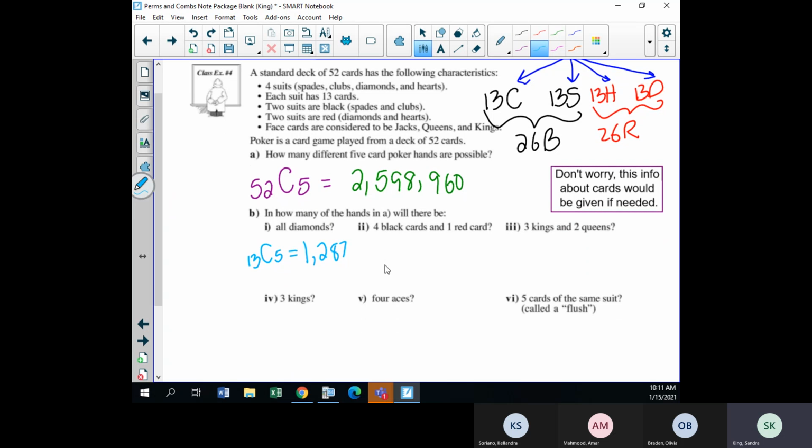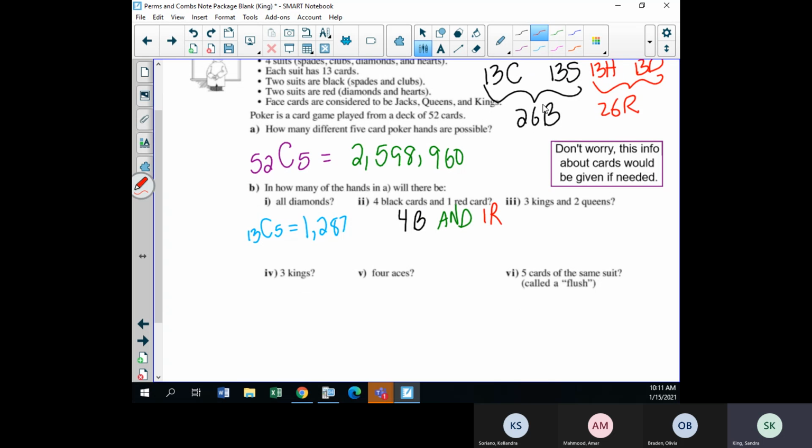How many hands in a 5-card poker hand would be 4 black cards and 1 red? I always like to write this in words. So 4 black and 1 red. You say to yourself, how many black cards are in a deck? You go up here, there's 26 black cards in the deck. 26 choose 4.